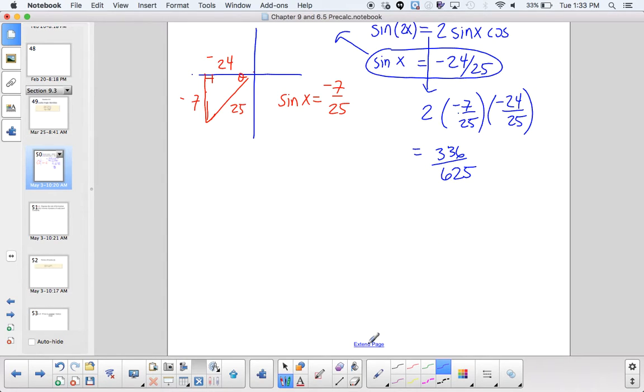And now let's find the cosine of 2x. So the cosine of 2x we know can be rewritten using that identity as cosine squared x minus sine squared x.